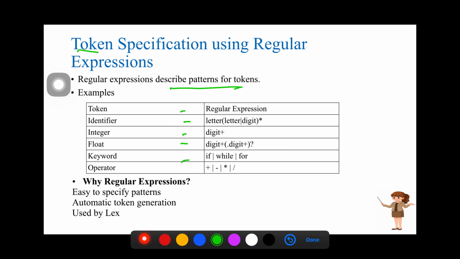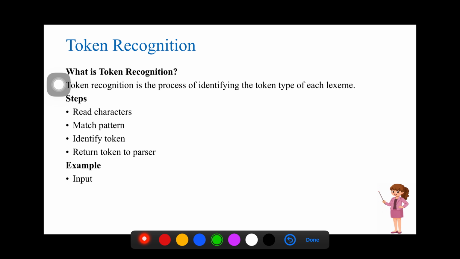Keyword: if, while, for. Operator: plus, minus, star, and division. Why is regular expression important? It makes it easy to specify the pattern, it enables automatic token generation, and it is used by Lex programming. We'll move to the next slide.